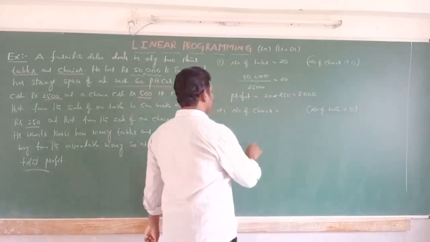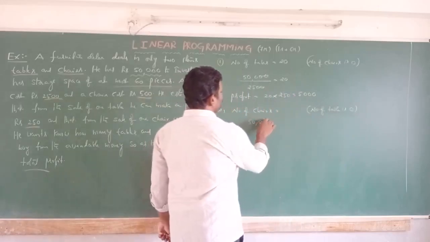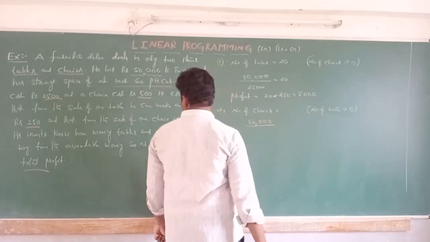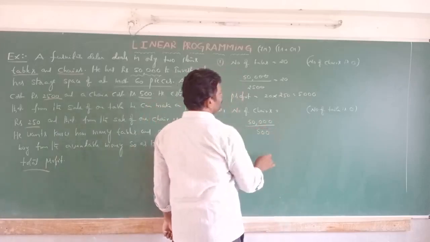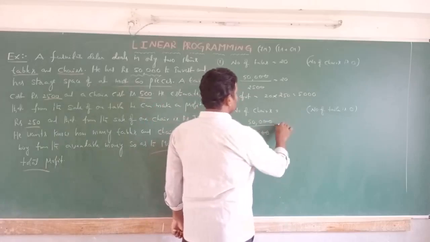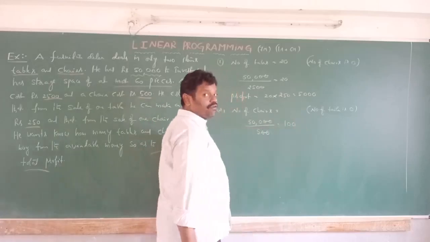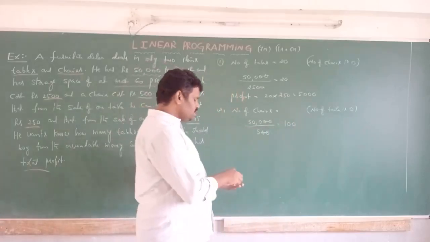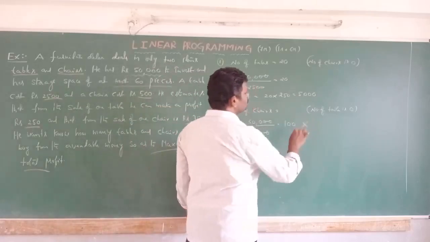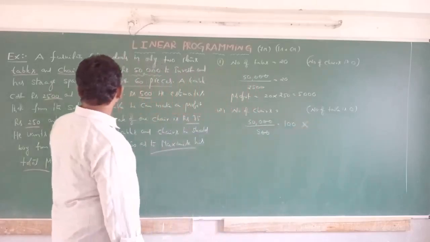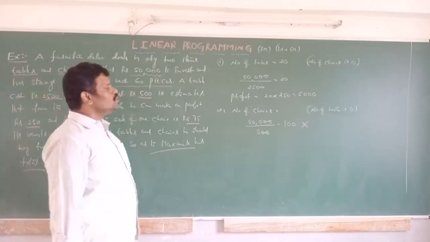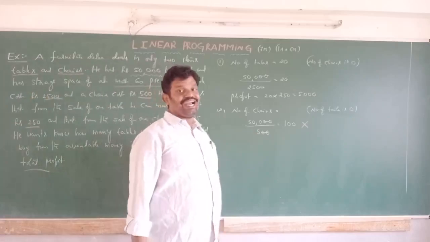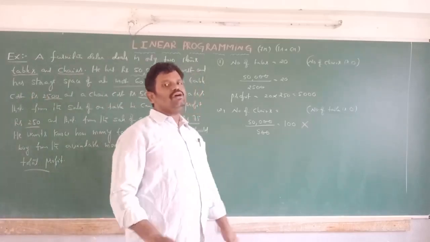To find the number of chairs, 50,000 rupees is divided by the cost of each chair, 500 rupees. Cancelling zeros, the number of chairs is 100. But this case is not possible, because the storage capacity given is 60 pieces, and 100 is more than 60. So this case is a failure case.